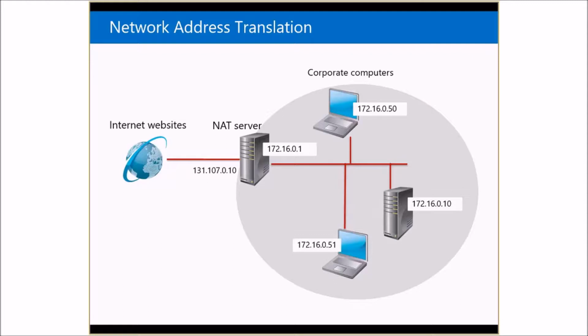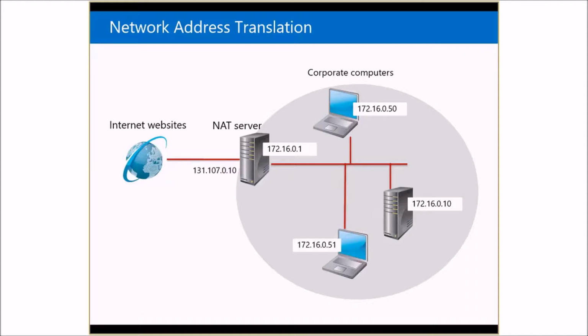But one of the downsides of NAT is that it cannot be used to provide a service. For example, if this is a web server and I'm a client here, I can't just go and access the web server directly. If you have a NAT device or NAT server, in order to make this service available to the internet, you have to do what's called publishing or port forwarding. If it's on your ADSL router at home, you probably have configured port forwarding before.